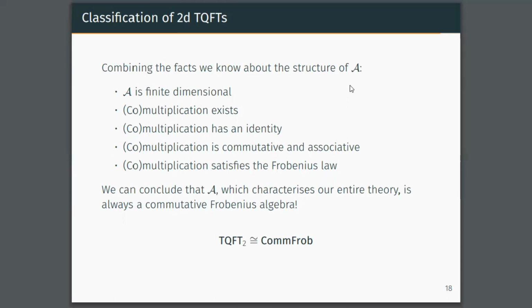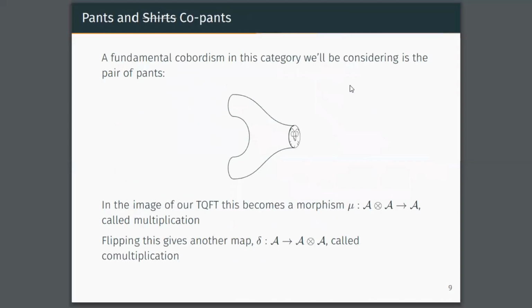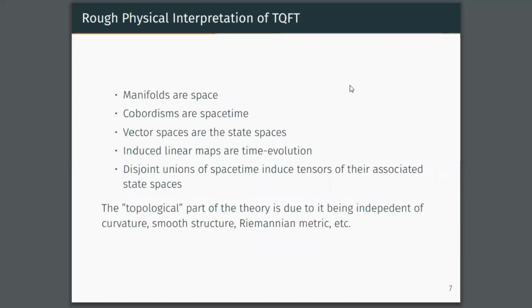Do you mean like taking the tensor product of two states? Yes. So once more, disjoint unions of space-time are inducing tensors of associated state spaces, and that is akin to our standard quantum thing where we take two independent systems and our total state space is the tensor product of them.